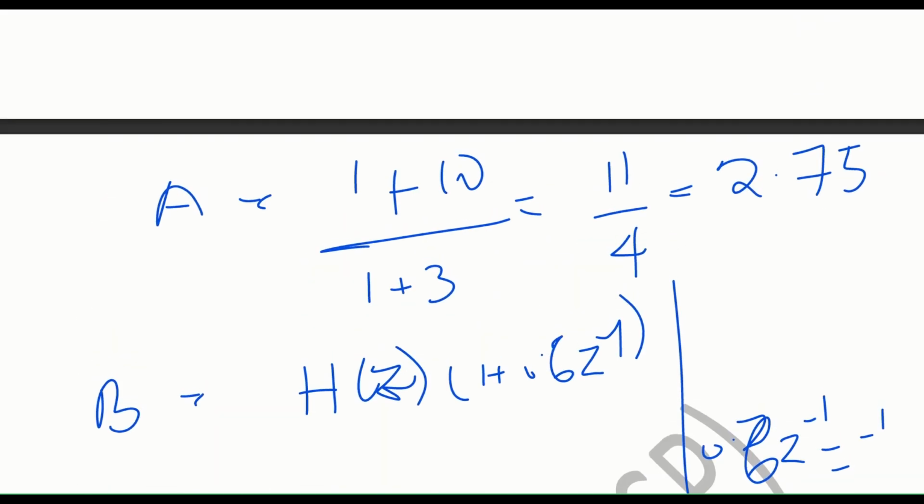We also found A, so we'll put it back into the original equation. So A was 2.75 over the original part of A, which was 1 minus 0.2z minus 1.